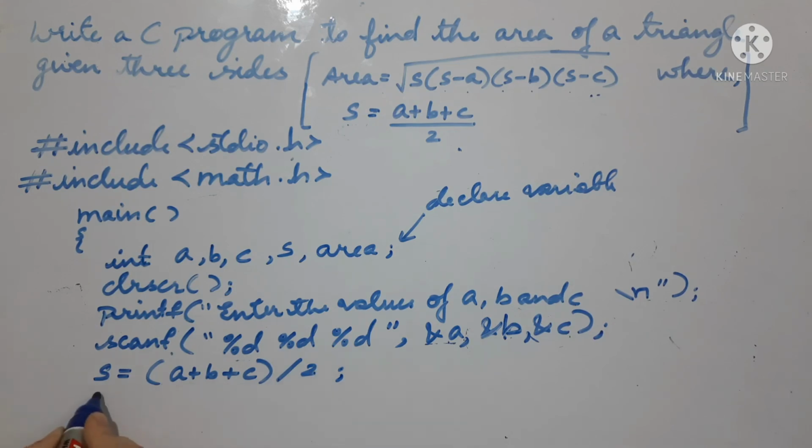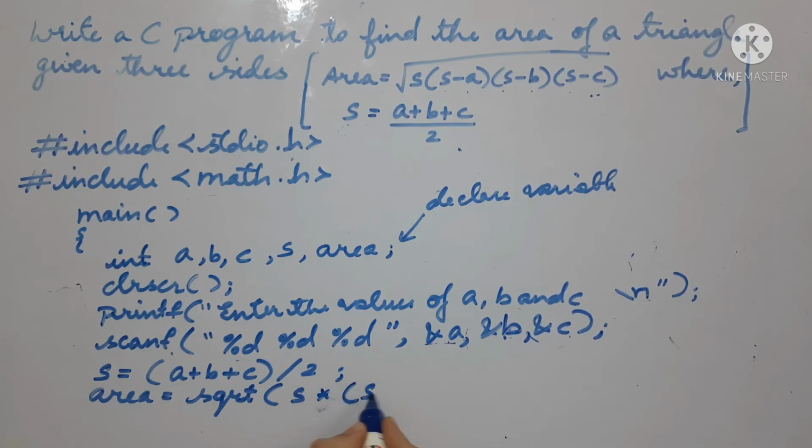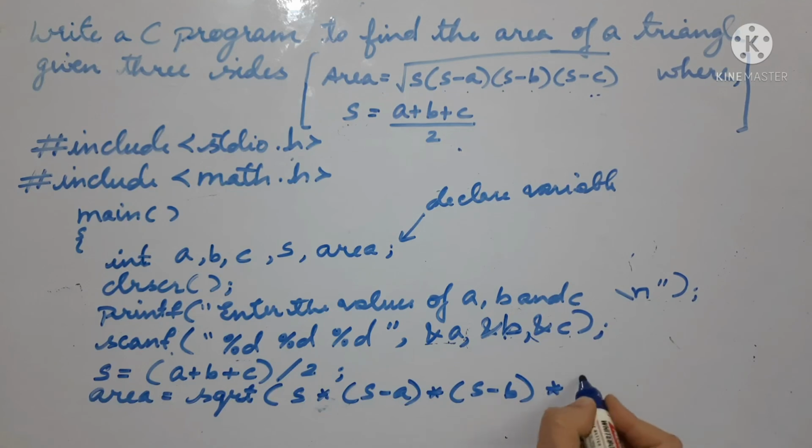Next we want to find the area. So area is nothing but simply use the sqrt function. Sqrt of, be careful with the brackets. So I will write s multiplied by (s minus a), again multiplied by (s minus b), multiplied by (s minus c).